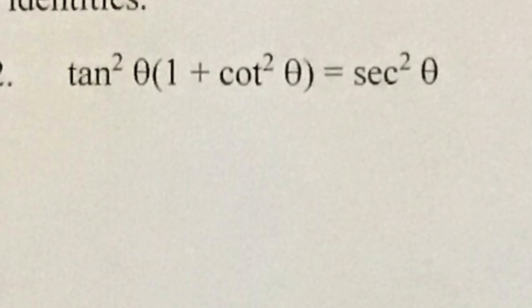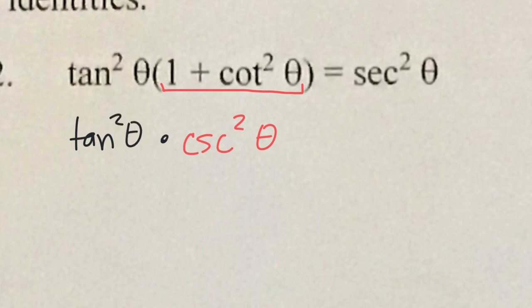But just so you know, there's another way, and that would be using our Pythagorean identity to replace 1 plus cotangent squared. Hopefully you can see the Pythagorean identities: 1 plus cotangent squared is the cosecant squared. That's one of your Pythagorean identities.